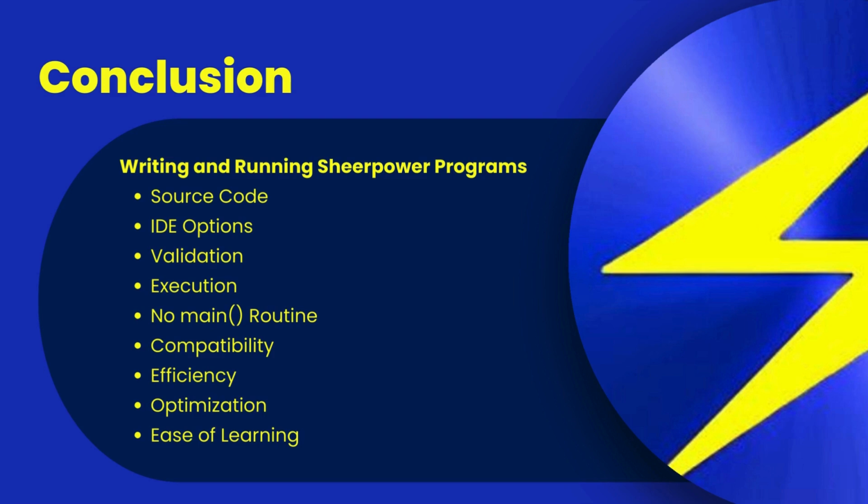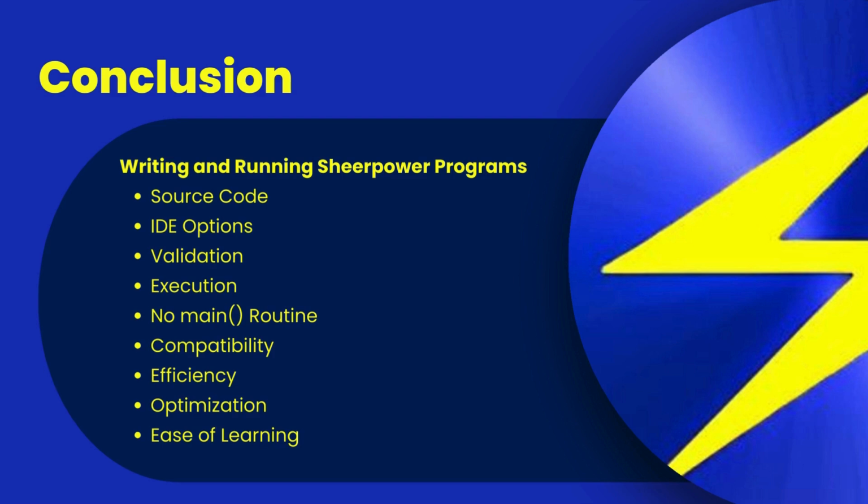No main routine. Sheerpower programs start execution at the first source line, simplifying the structure. Compatibility. Sheerpower is compatible with all Windows versions released over the past 10 years, ensuring long-term upward compatibility. Efficiency. The high-speed compiler allows for efficient writing and testing of code, with errors reported instantly in SPDEV. Optimization.